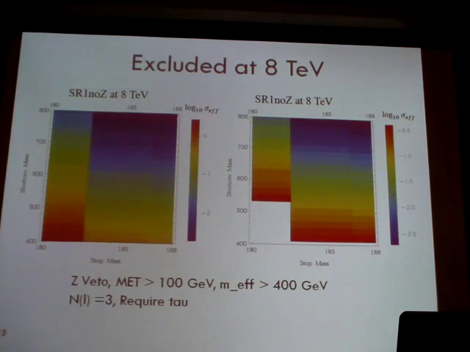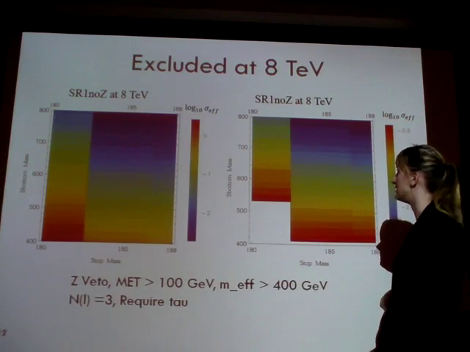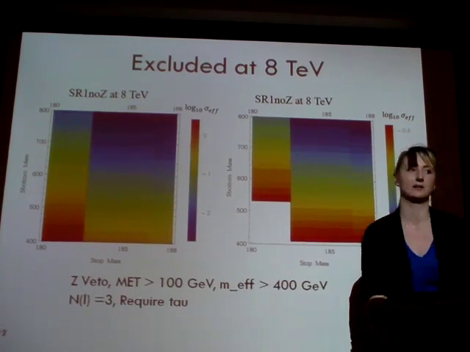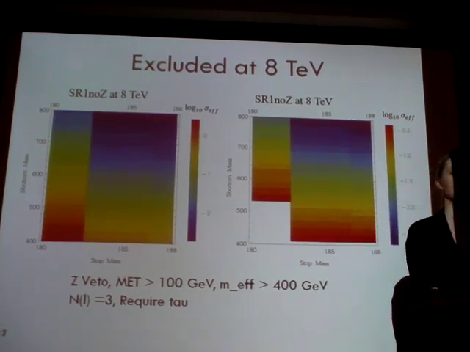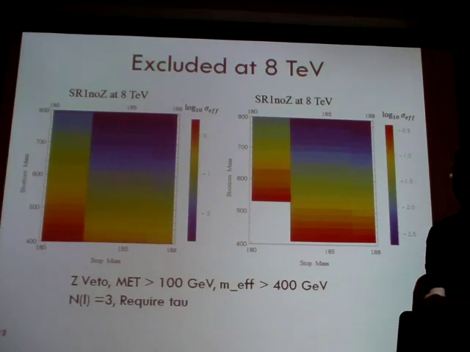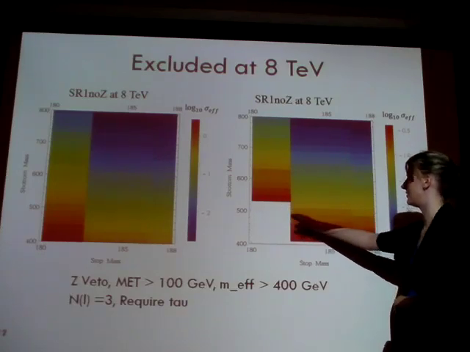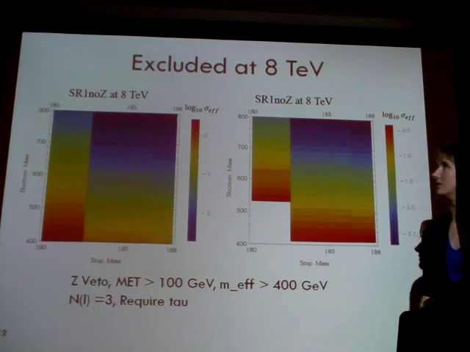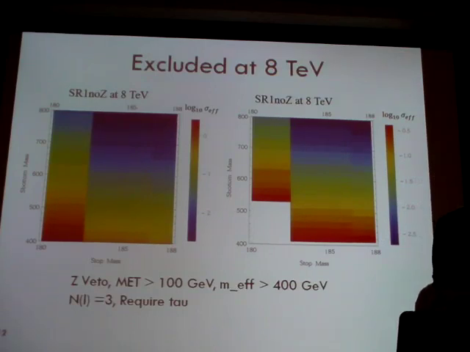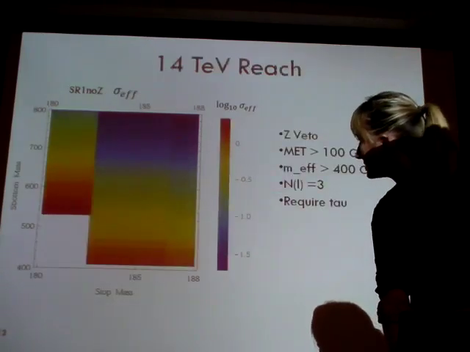So for the bin we all disagree with, some of it was excluded at 8 TeV. So using this line of reasoning, you could exclude some parameter space given what you've already seen. And so this bit that I cut out is the bit where you would have been able to rule out the signal because the number of expected events is too high at 8 TeV. And then I just cut that out from the rest.